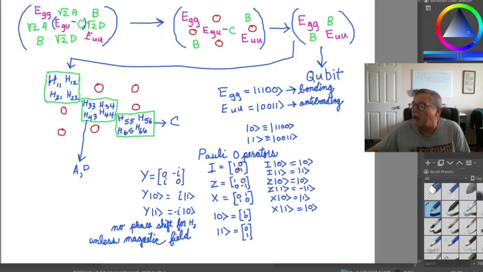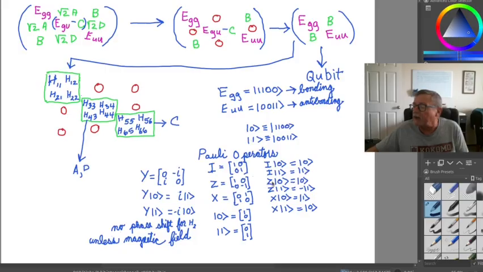The identity operator, when it operates on a 0, and the 0 vector we can think of as a 1, 0, and the 1 vector being a 0, 1. So again, I'm just going to keep moving through this, and hopefully it'll all start fitting together. But notice that the identity doesn't change anything about the state.